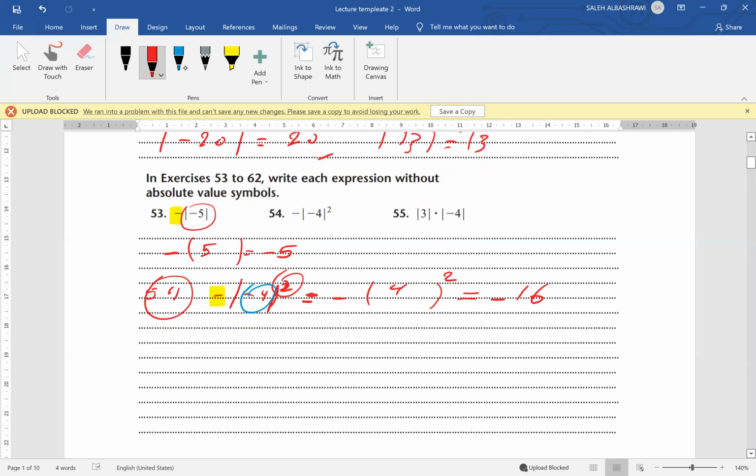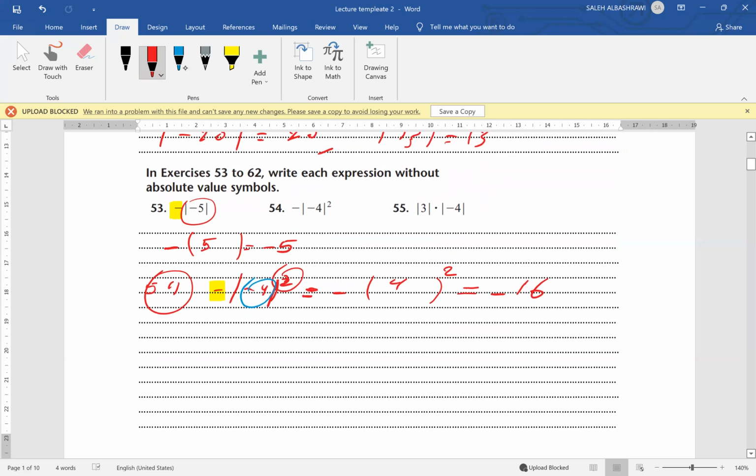For question number 55, I have the absolute value of 3 times the absolute value of minus 4. This notation means product or multiplication. The absolute value of 3 is 3, multiplied by the absolute value of minus 4, which is 4.